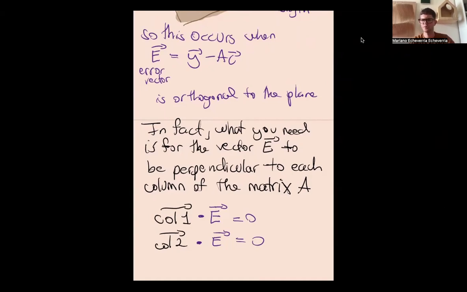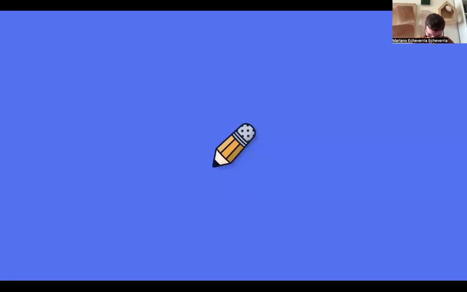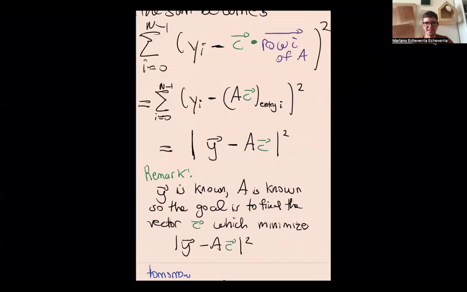So far, so good. But here comes the even more interesting part, and this is why I started yesterday talking about how you interpret the multiplication between a matrix and a vector. Let me go back to yesterday's notes. This is literally what I wrote at the beginning of last class.